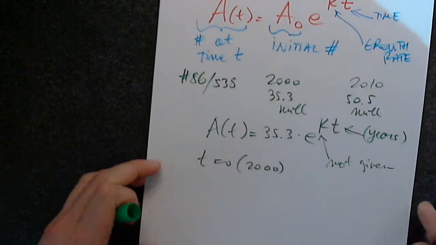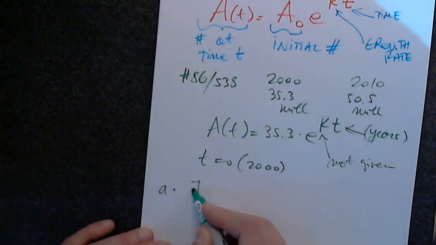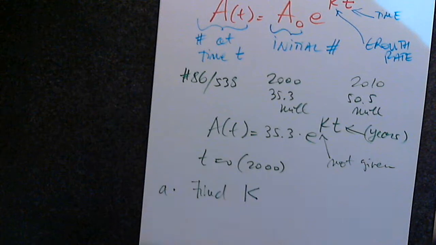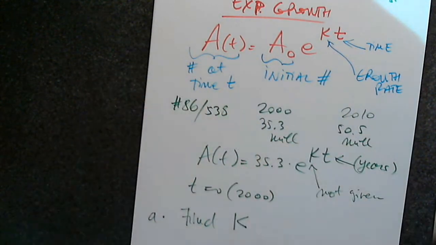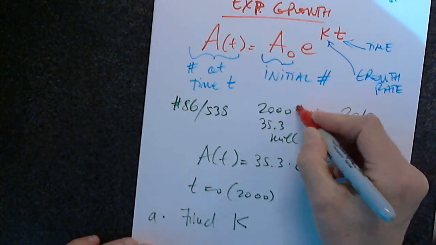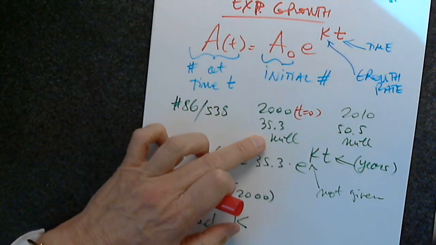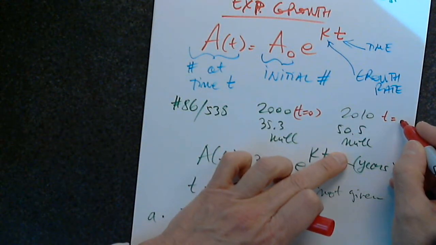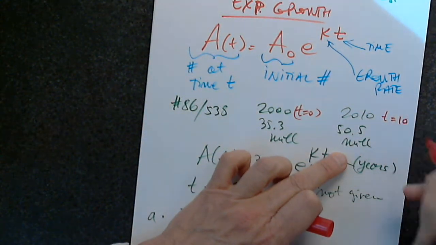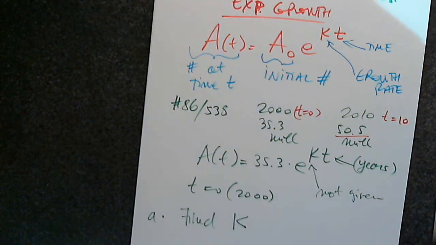So part A, find k. Okay, so let's summarize what we have. We are told that in the year 2000, meaning when t is 0, the population was 35.3. When t is 10, the population is 50.5.